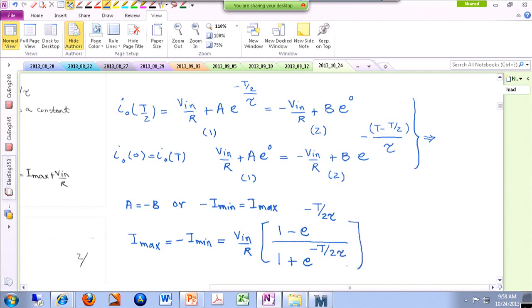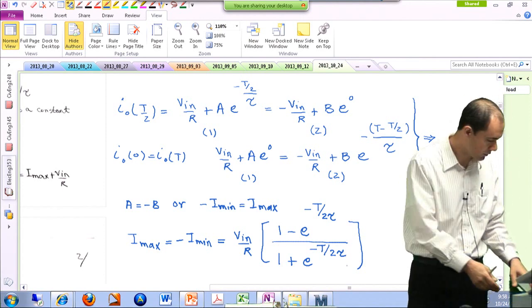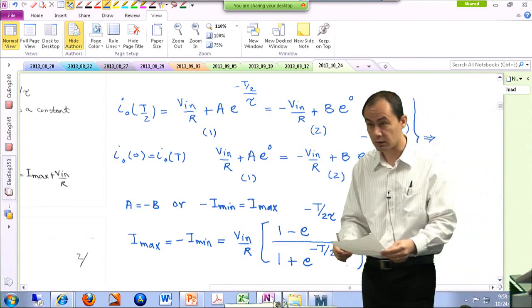So if you have the parameters of the system, for instance, the value of the inductor, the value of the resistor, the value of the input voltage, if you use this equation, we can actually find the maximum and minimum values of the current, and by the way, they are opposite of each other. So it's quite simple. All right. I don't expect you to memorize this equation. Just remember this equation exists, and have it in your notes so that later on you can use it.